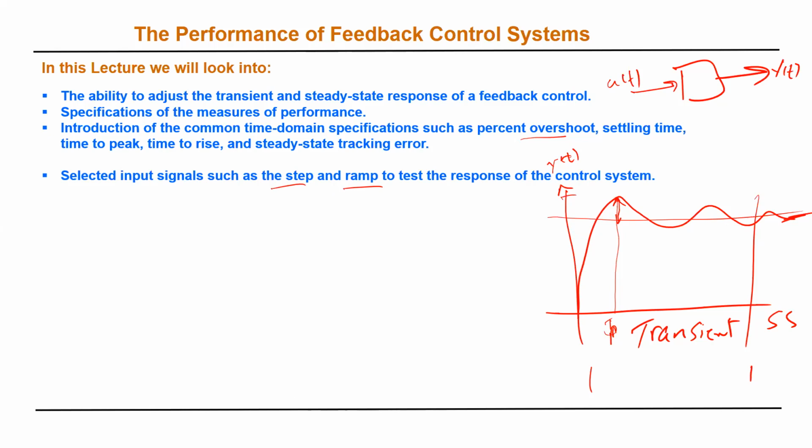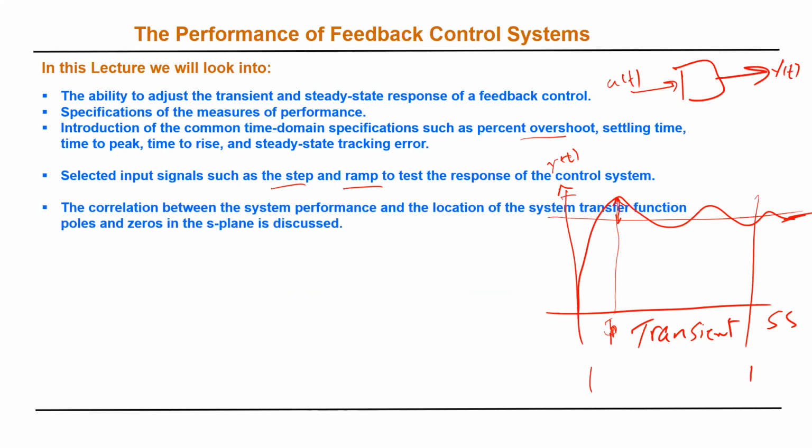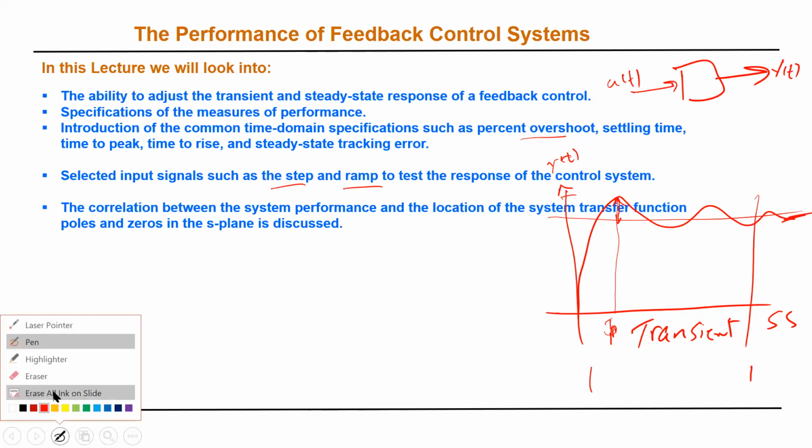If I understand the behavior of the system for these types of inputs, then I can understand the behavior of the system for any other inputs. There is a correlation between the performance and the location of the poles and zeros of the system.